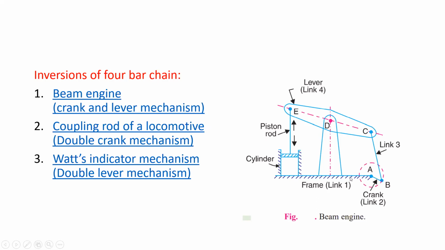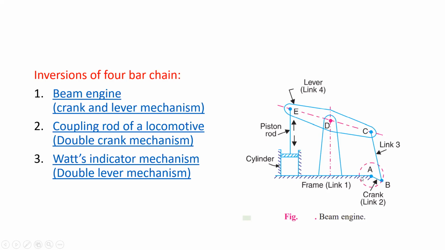See here, the frame is link one which you have fixed. This frame may be one of the remaining two link lengths. Then the crank is the shortest link, the link which makes a complete revolution, link 2.